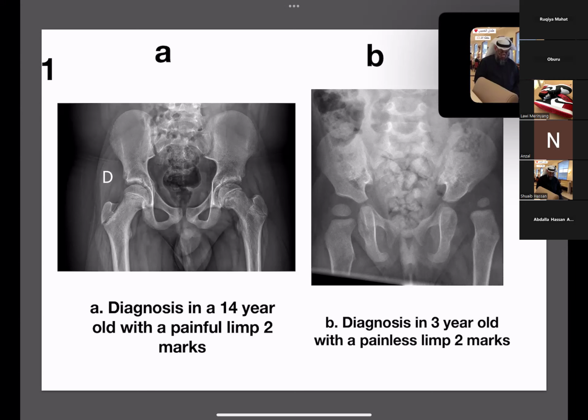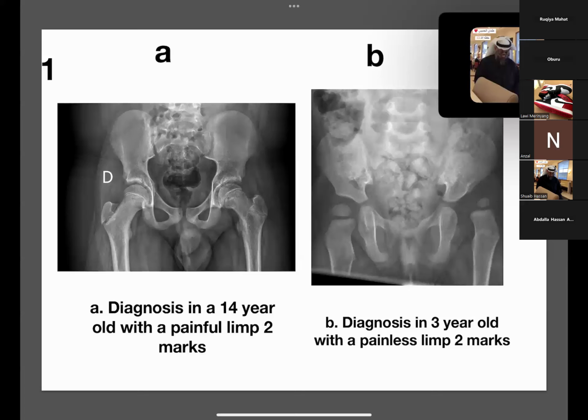Okay. Mm-hmm. So now, if you have this, sometimes they may give you a clue and they will tell you that this patient, on examination, you find that when they flex the hip, it goes into external rotation, okay? If you look at the X-ray, I'm presuming the right side is the left side, and the left side is the right side.